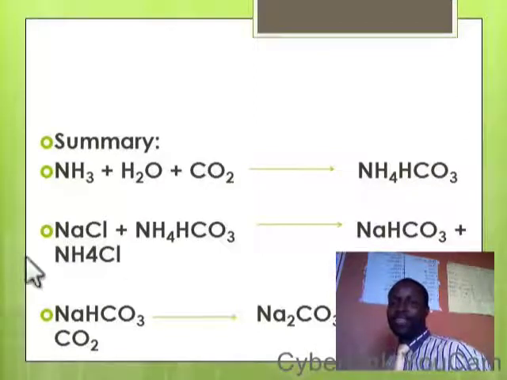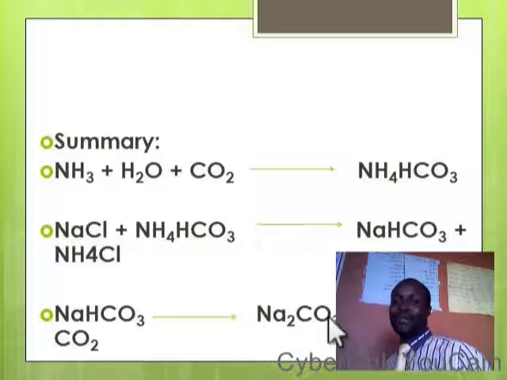And this is now mixed with brine, which is concentrated sodium chloride. When the two are mixed together, you get sodium hydrogen trioxocarbonate(IV). Now when you heat sodium hydrogen trioxocarbonate(IV), you get your product, Na2CO3. That's very beautiful.